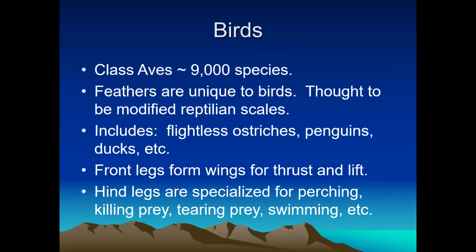Obviously your waterfowl are going to be modified for swimming. They have the paddle type feet. And your raptor types, the hawks and eagles and owls, are going to have the killing and preying legs with the talons, as we call them.